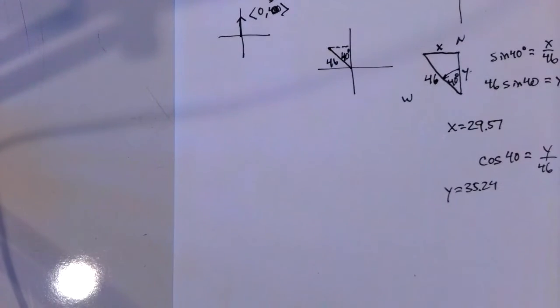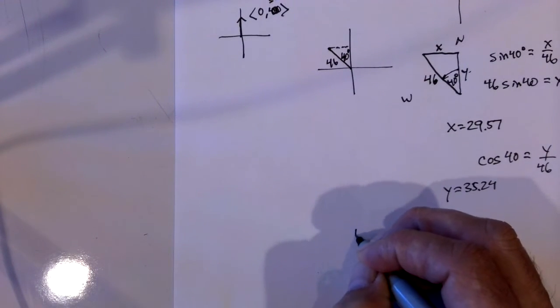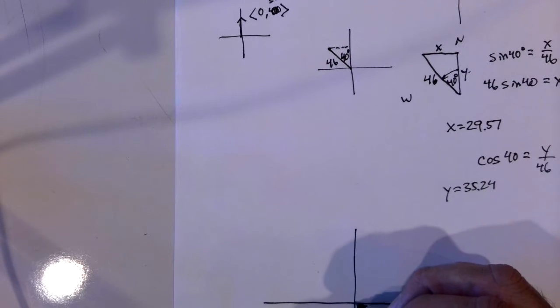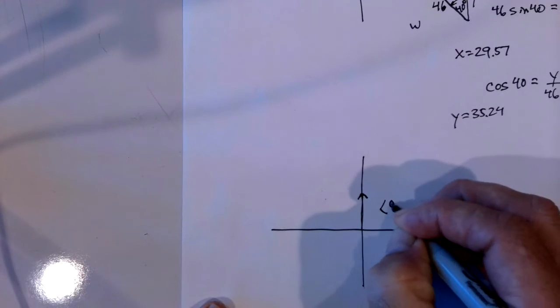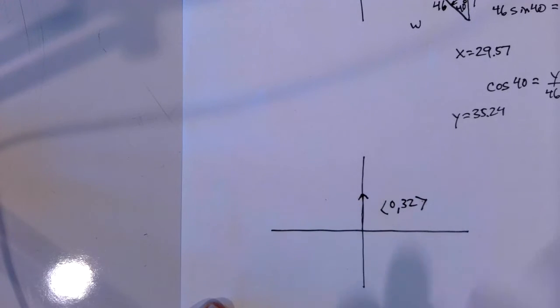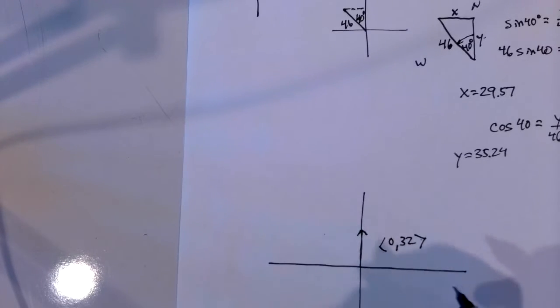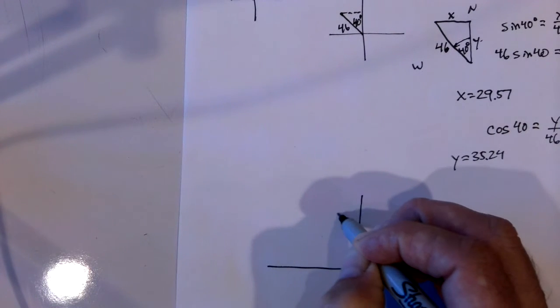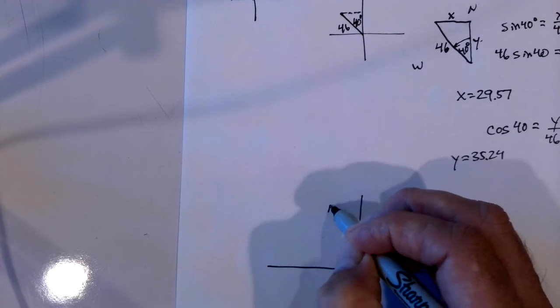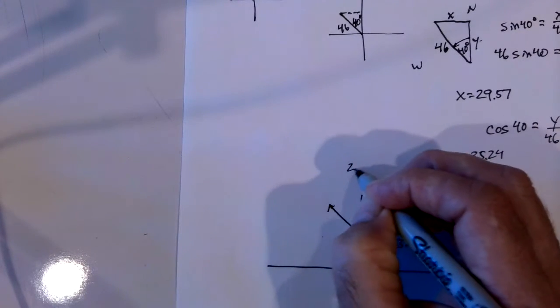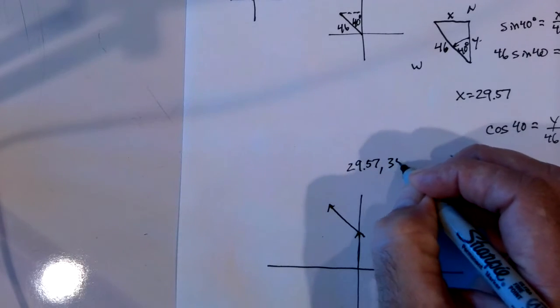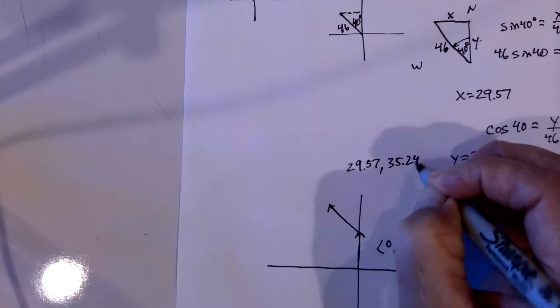So what's happening here is this car, again, has a vector right here that we said of 0, 32. And then from that, it takes on another vector form. And this other vector has a component form of 29.57, and then the vertical part was 35.24.